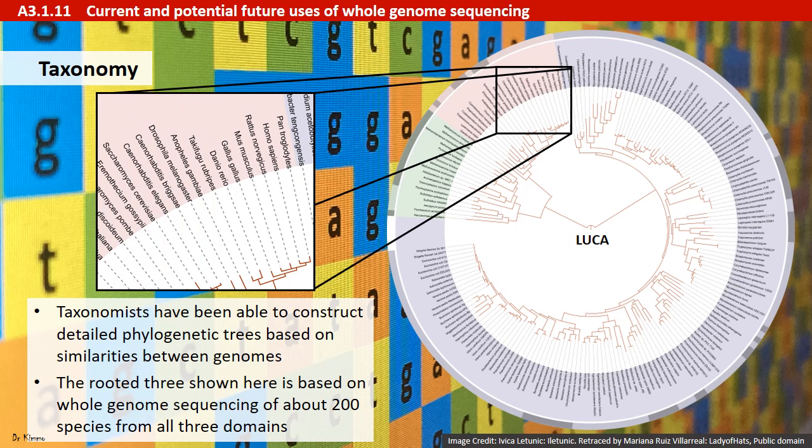And we can zoom in to find Homo sapiens here. You see that our closest relative is Pan troglodytes, and that is the chimp. Of course, this study is not based on all the genomes that have been sequenced, but about 200 species.